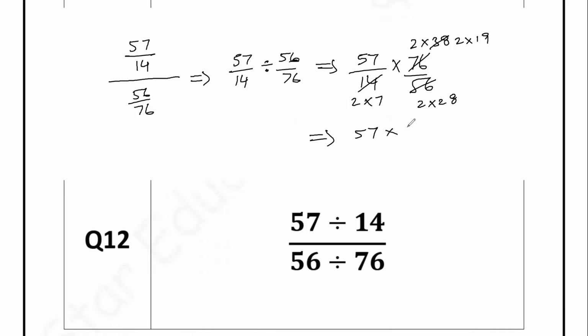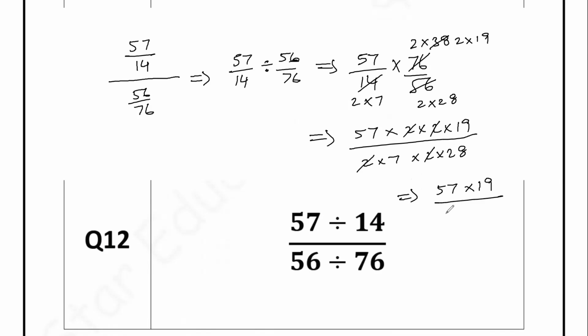I got 57 times 2 times 19 upon 2 times 7 times 2 times 28. Enjoy cancelling 2, 2, 2, 2. What do I have? 57 times 19 upon 7 and 28. There is no point reducing 28 to 2 times 14 because there are no other even numbers other than 28 to cancel out.